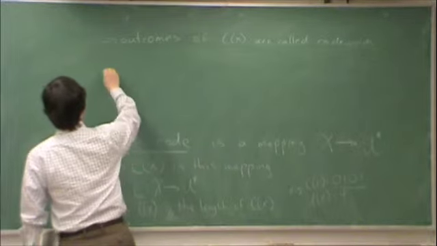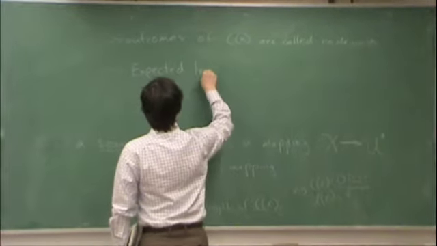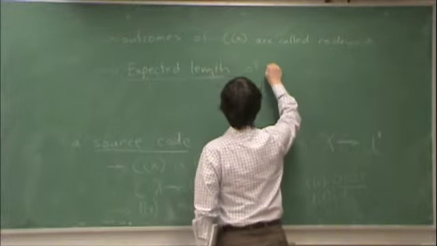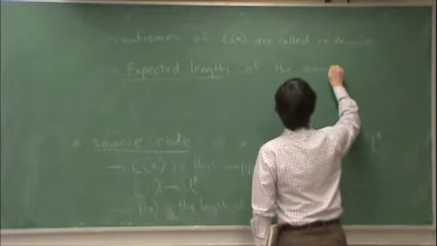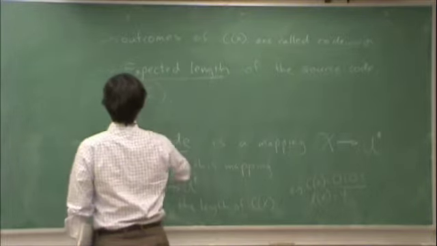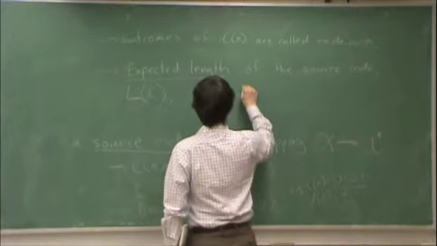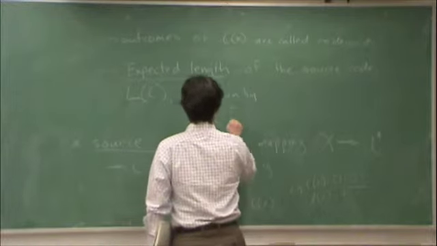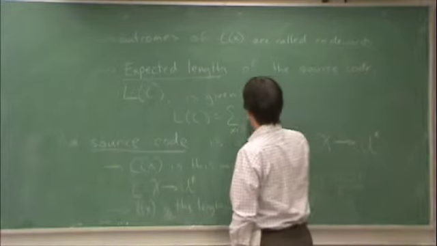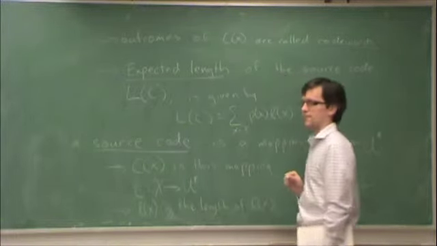This is also something we've already talked about, but formally the expected length of the source code, written capital L of C, which is a function of the code, is given by L of C equals the sum over all possible outcomes of the random variable of the probability of that outcome times the length of the encoding.